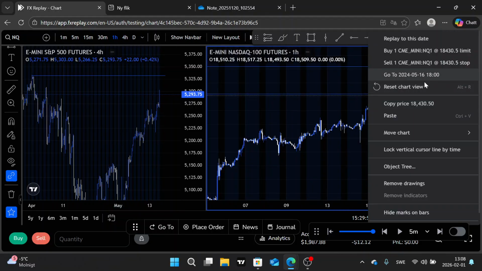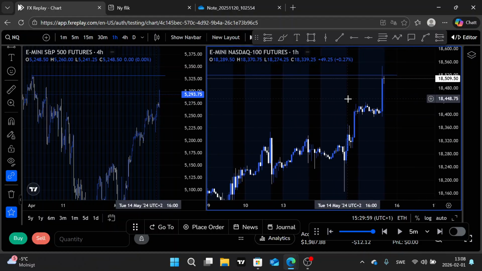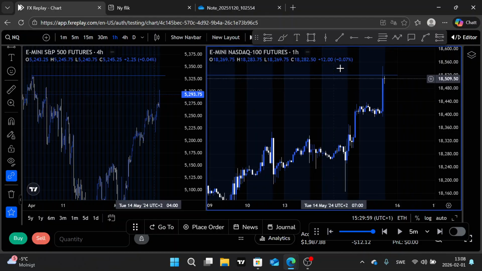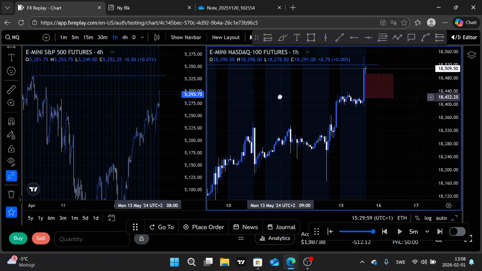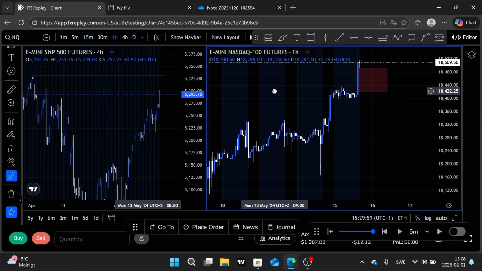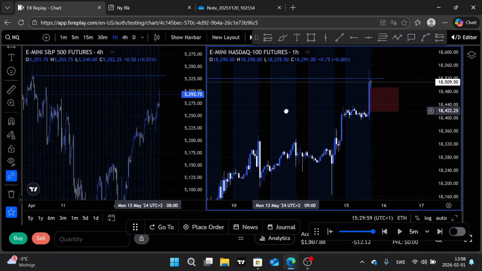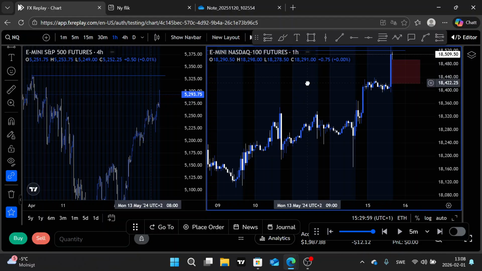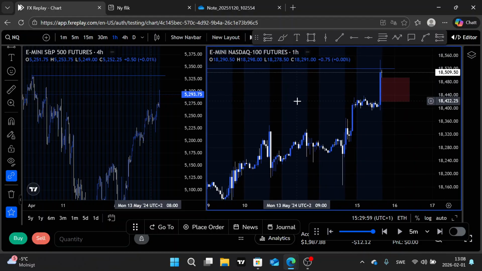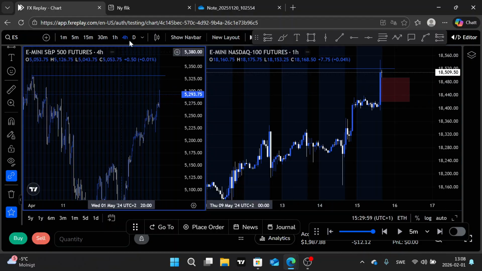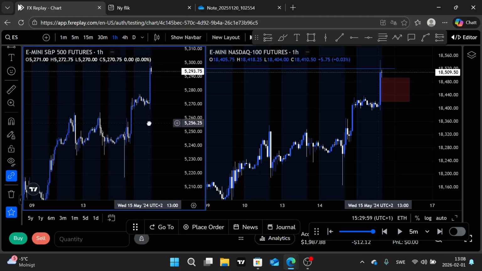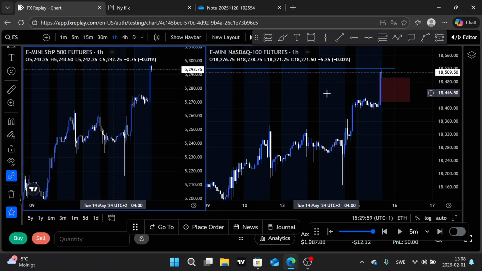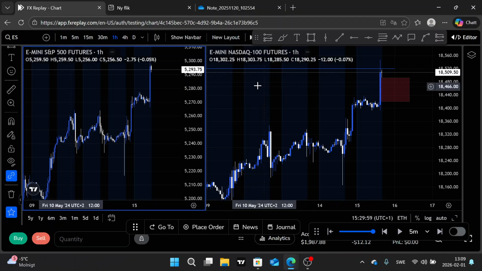We go on a 1 hour time frame. We keep in mind that buy side is taken.